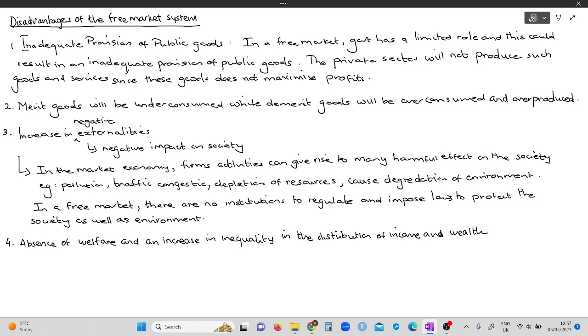Il produit pour ceux qui sont capables d'afford, et ceux qui ne sont pas capables, if the price is higher, they won't care about that. Okay, the objective is only to maximize profit. They will not take into consideration the welfare of people. This is why we say that it creates an unequal society. D'accord? Donc, these are some of the disadvantages of the free market system.